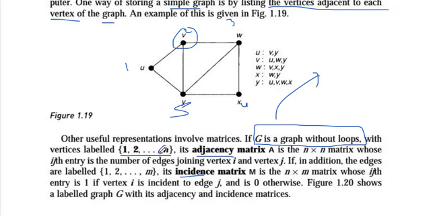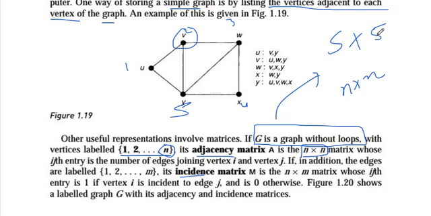If there are n vertices, then the new matrix will become an n by n matrix. Let's say for this graph, here is 1, 2, 3, 4, 5. If you want to convert this graph into a matrix, then our matrix should be 5 by 5. We have to know how many rows and columns are there.